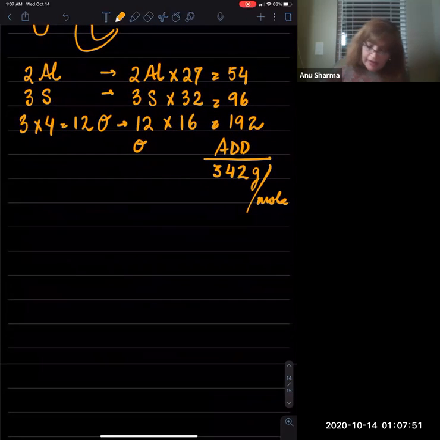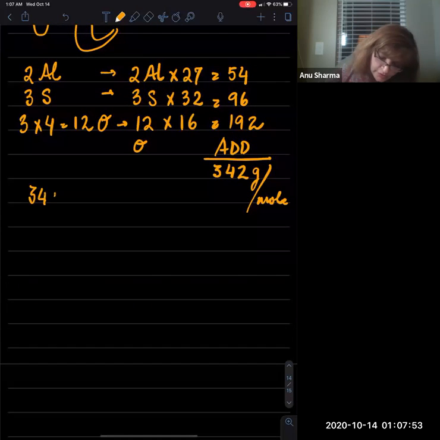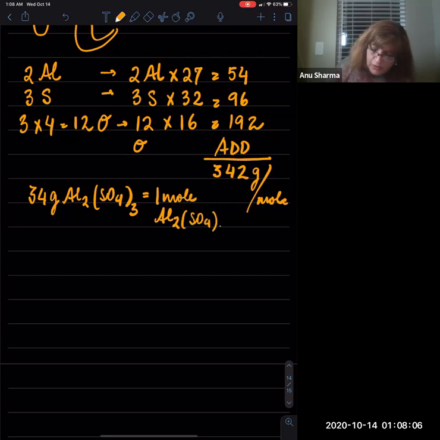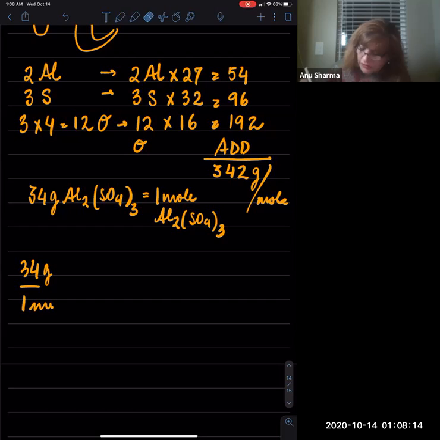Now just don't forget that 342 grams of Al2SO4 whole thrice means that this is equal to 1 mole of this Al2SO4 whole thrice. So this also means that 342 grams is present in 1 mole. Sorry, it's not 34, it's 342. My mistake here, I'm sorry.